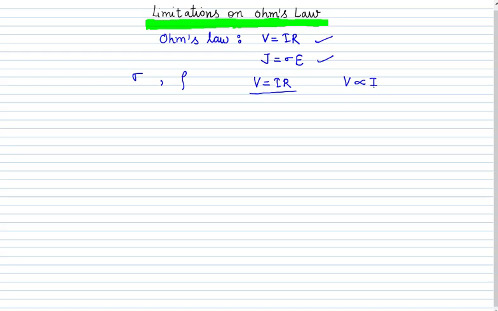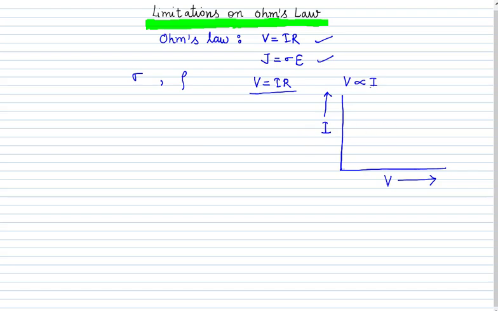So let us say we want to plot a graph between the voltage applied and the current. On the x-axis, we take the voltage applied, in volts. On the y-axis, we take the current that we are getting, which may be in milliampere or microampere. Current will be large for conductors, since their resistivity is low.